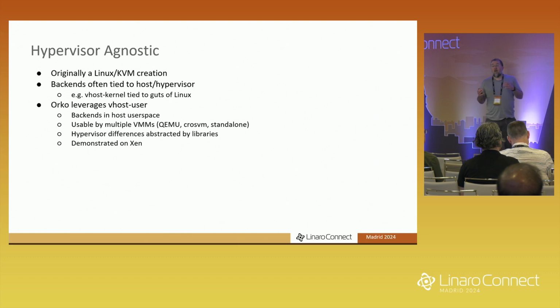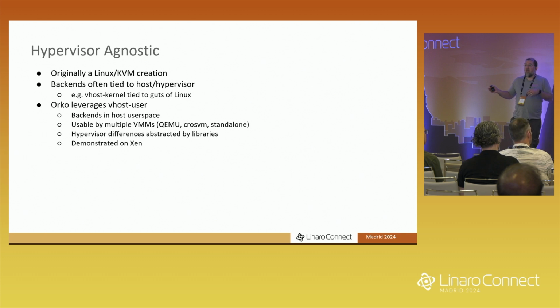We want to be hypervisor agnostic, so we have chosen the route of using vhost-user, and these are backends that are implemented in user space. They're portable, so we can build them for any Linux-like OS, but we can run them with a number of different VMMs. QEMU's the common one that we use, but also crosvm.